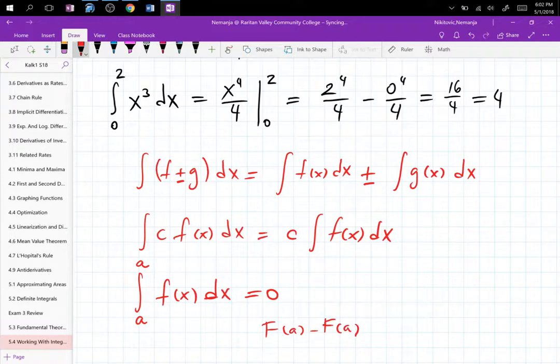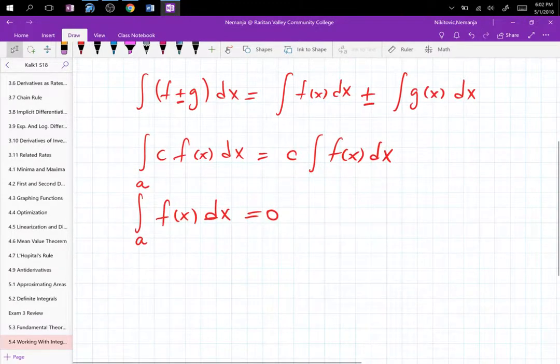So if the limits are the same, if you go from 3 to 3 or 7 to 7, the answer is 0. That should also conceptually make sense because a definite integral computes area under the curve, and if you are going from 0 to 0 or 3 to 3 on the x-axis, then your width is 0. I don't care what your height is, it's multiplied by 0, so 0 times whatever number gives you 0 in the end. So this is one of the cool formulas.